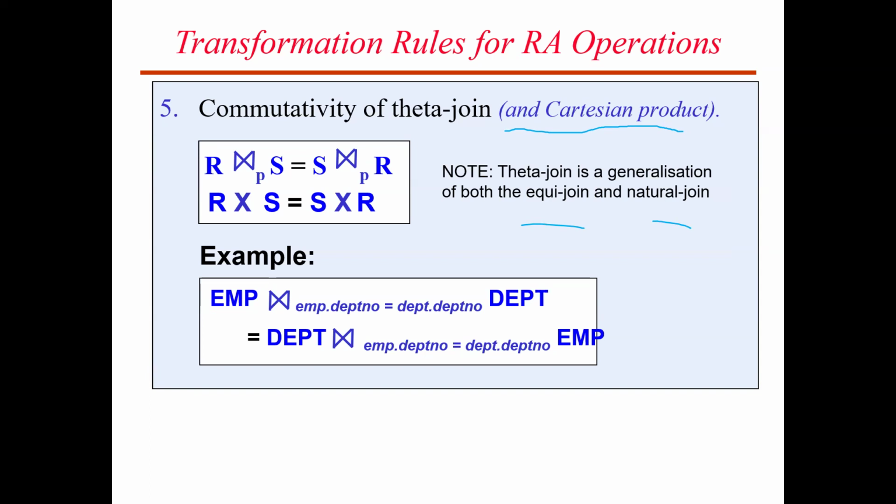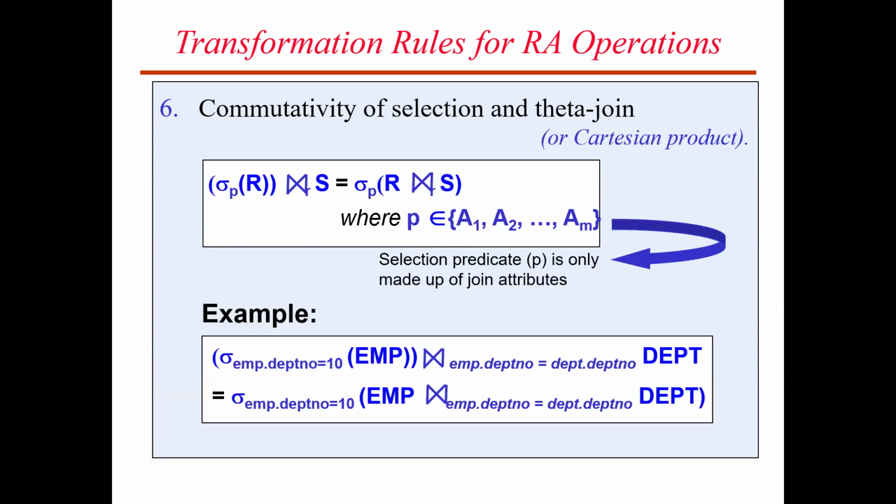Commutativity says that the table R join with S is equal to S join with R. Cartesian product of R with S table is equal to S table Cartesian product with R. Both are the same. You write it here or you write it here, it means the same.